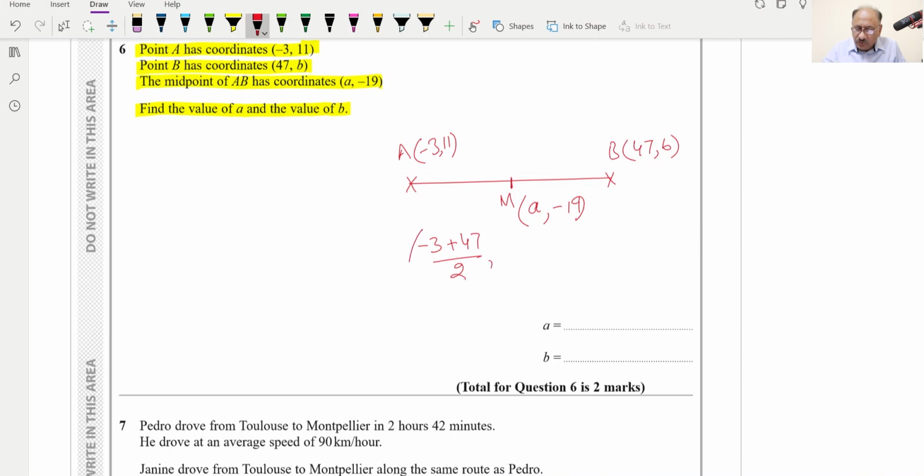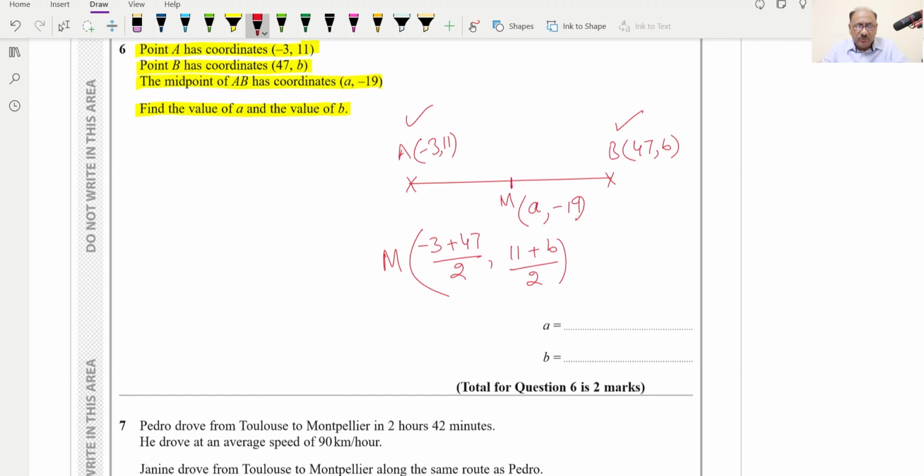This is for M. We are writing M by use of the coordinates of points A and B. The second, Y value will be 11 plus B, divided by 2 also.